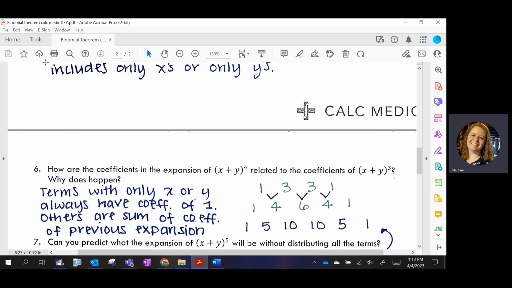So for x plus y cubed, the coefficients were 1, 3, 3, 1. For the fourth power, they're 1, 4, 6, 4, 1. Do you see the pattern now that you see them written one on top of the other? Do you see a relationship between 1, 3, 3, 1 and 1, 4, 6, 4, 1?